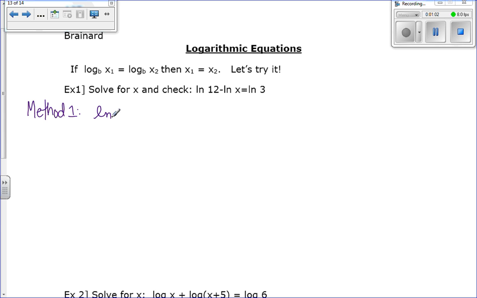the natural log of 12 minus the natural log of x equals the natural log of 3. Method 1, I'm going to get the natural log of x by itself. So subtract the natural log of 12 from both sides.